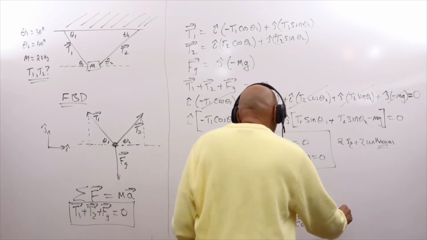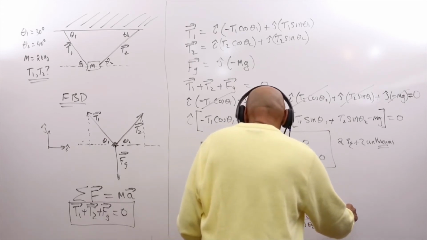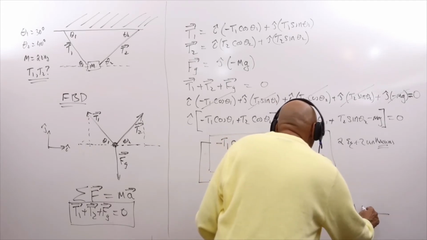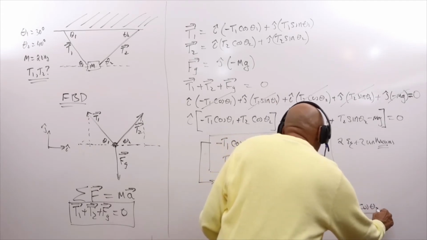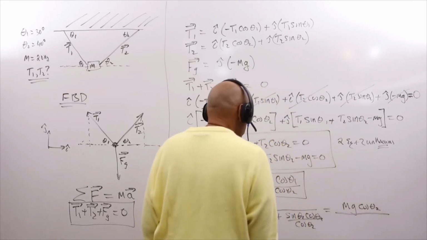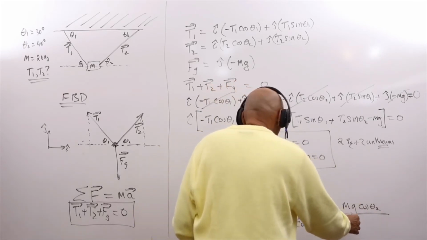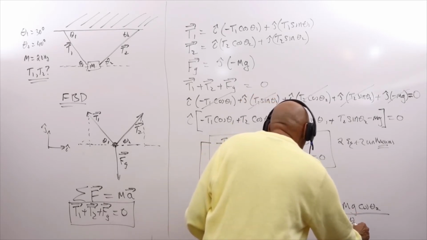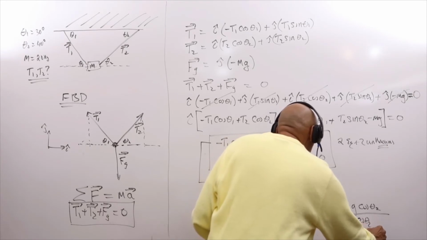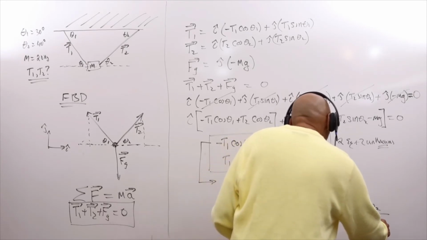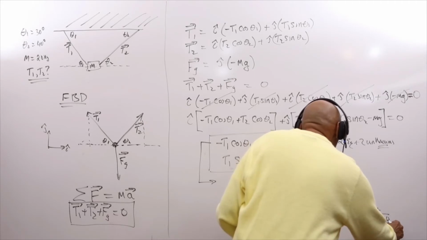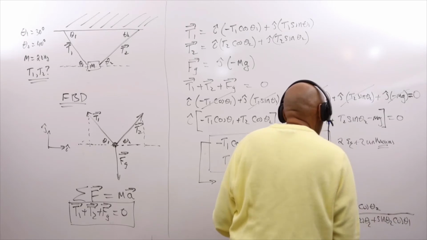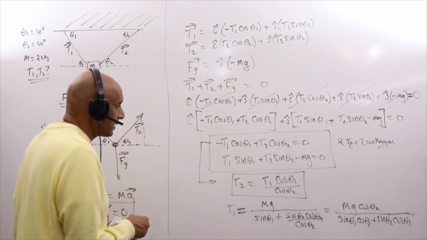And so this is now given by, let's see, that would be mg cosine of theta 2, and this will be sine of theta 1 cosine of theta 2 plus sine of theta 2 times cosine of theta 1. Great. I think that's about right.